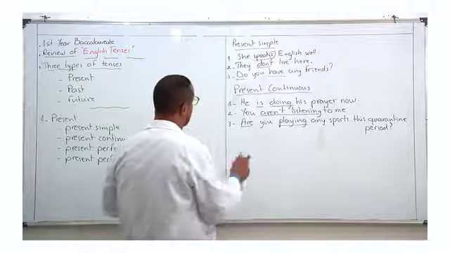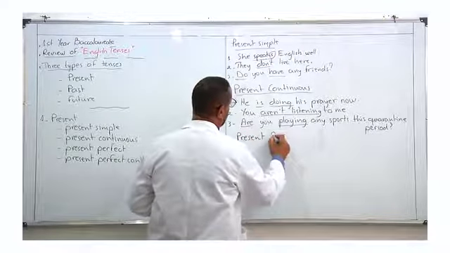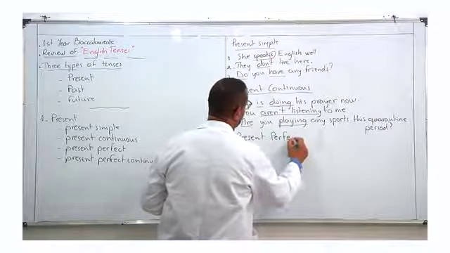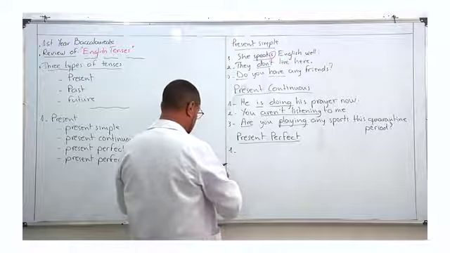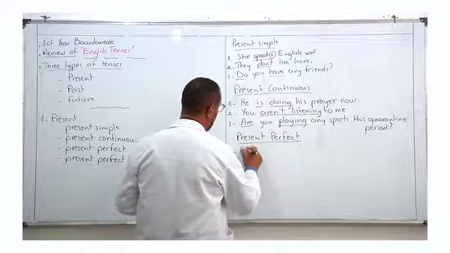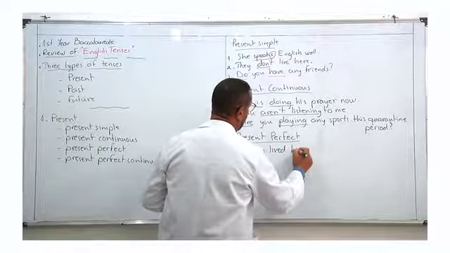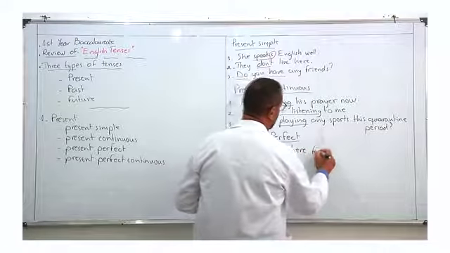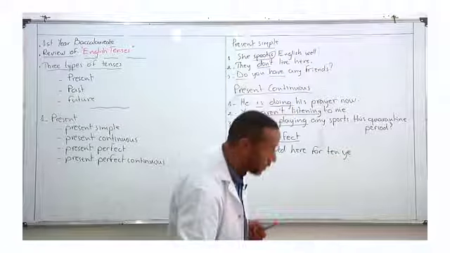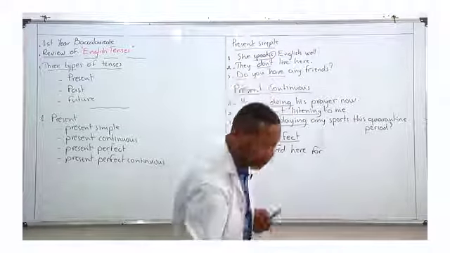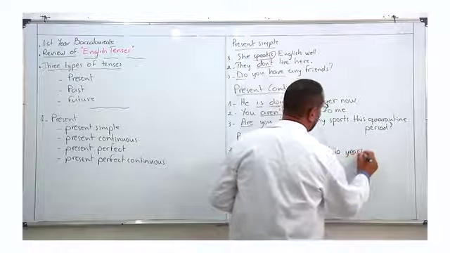Now, we'll see present perfect, as in the following examples. One, he has lived here for 10 years, or for, let's say, for 2 years now.